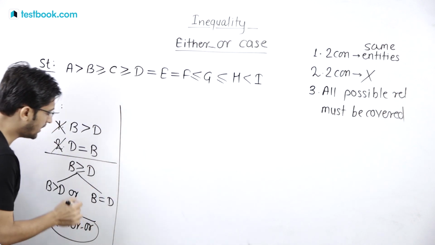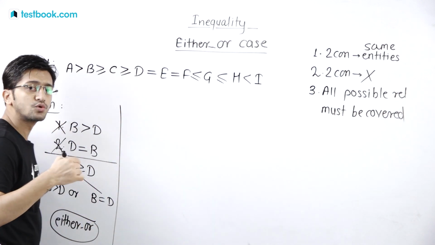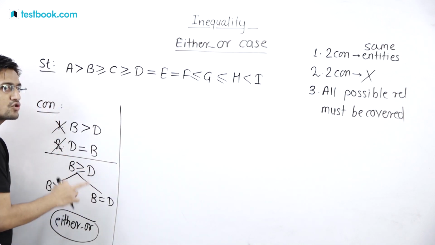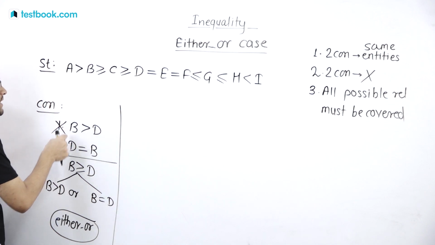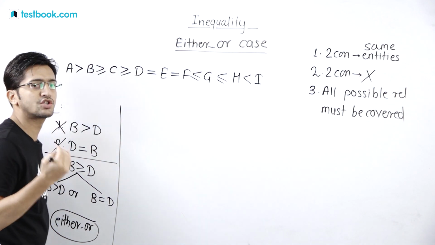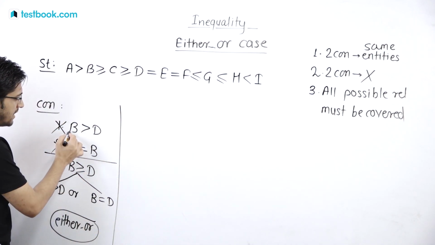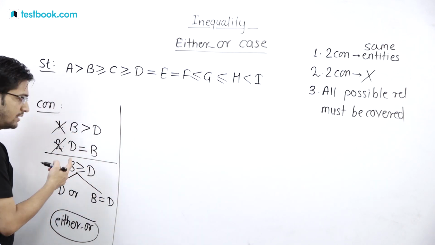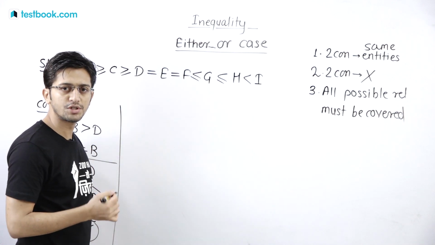Now, whether these two possibilities are covered in the given conclusions, let us check. B is greater than D is covered in the first conclusion. B is equal to D is covered in the second conclusion.